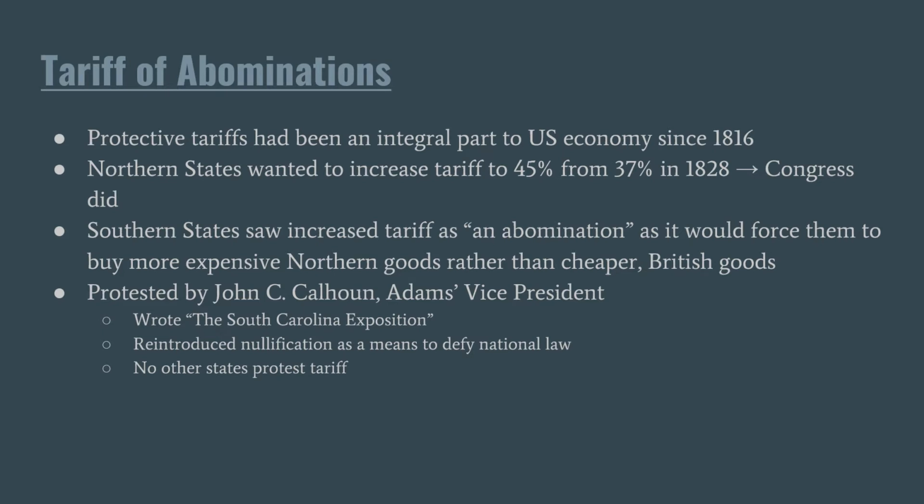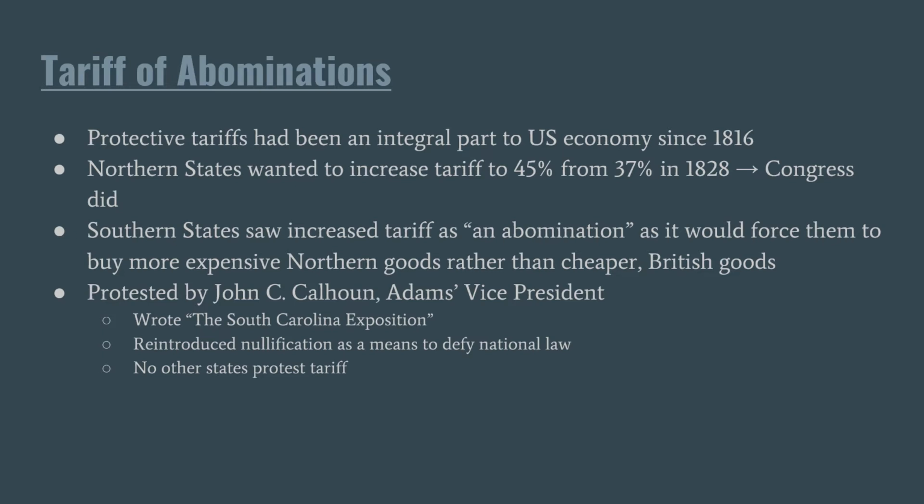So the first thing we see in John Quincy Adams's presidency is this tariff of abominations. Now, protective tariffs have been an integral part of the U.S. economy since 1816, when we start to see the American system put in place.